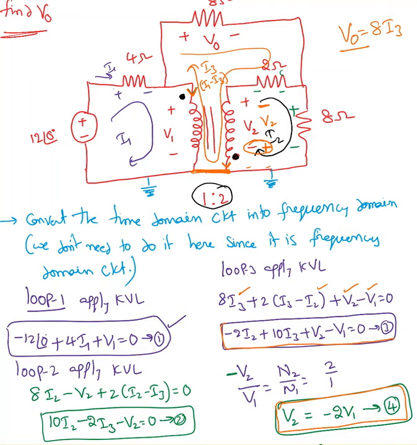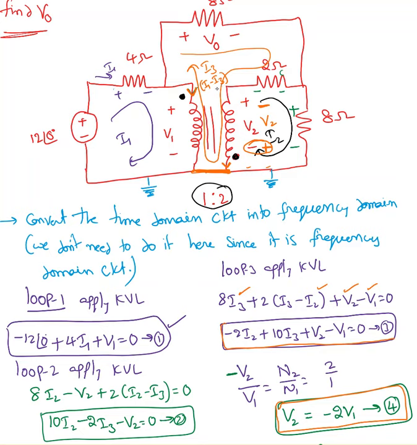But to find I3, I have 5 unknowns in the equation. One is I1, I2, I3, V1 and V2. So that's the reason I have to come up with the 5th equation. The fifth equation is based on the current ratios. Okay, so I already chose current I1 minus I3 is coming down, so I will stick to that current.